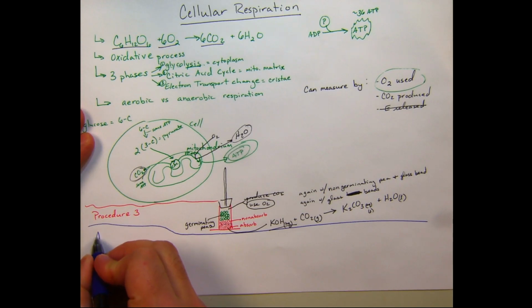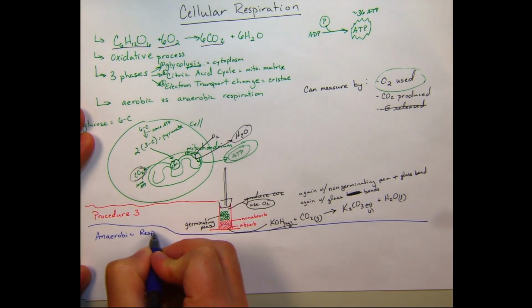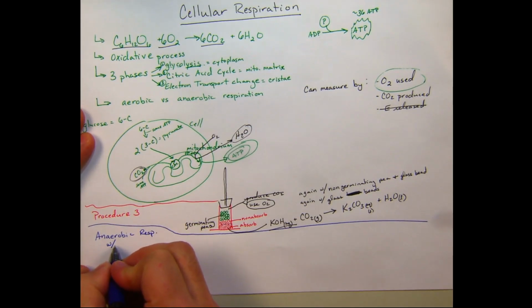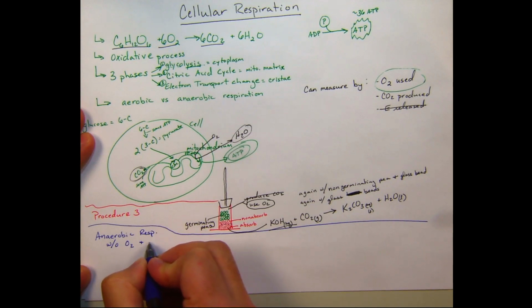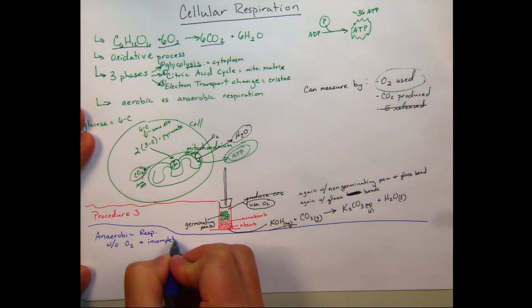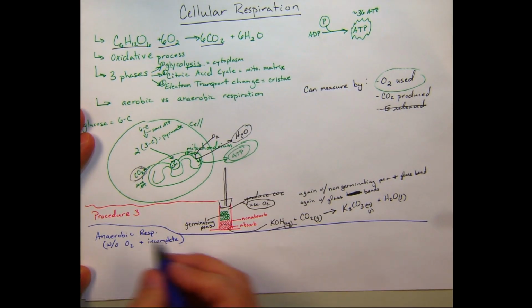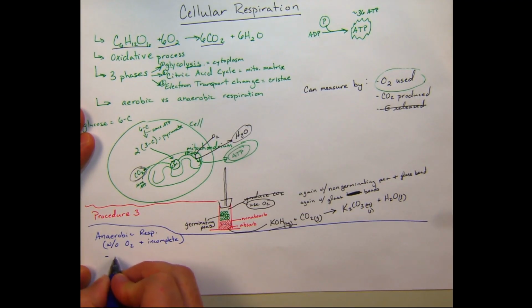Now let's briefly discuss anaerobic respiration. Anaerobic means without oxygen. So therefore, it is an incomplete respiration. For example, what you're going to be looking at today is you're going to have some glucose you will use.